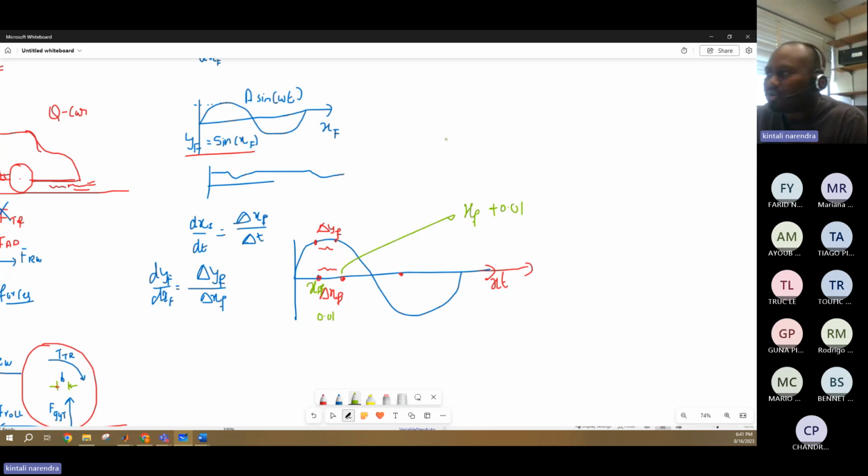So y of f here will be sine x of f, and here it will be sine x of f plus 0.01. Now you need dy of f by dx of f, so you need the difference between these two functions, divided by x of f plus 0.01 minus x of f. That's how simple it is to do derivation in MATLAB.